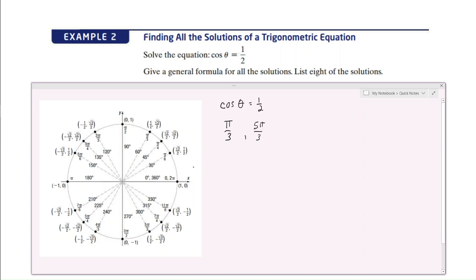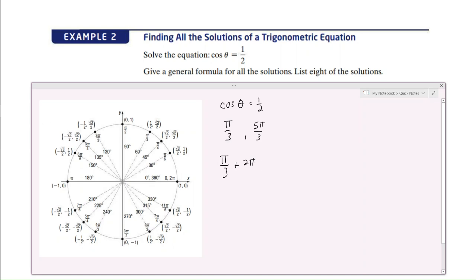So there's two solutions available to us on the unit circle, but there's an infinite number of solutions if you think about all the coterminal angles of pi over 3. For instance, if I take pi over 3 and add a full rotation, I'm right back there at pi over 3. I'm going to have the same cosine.